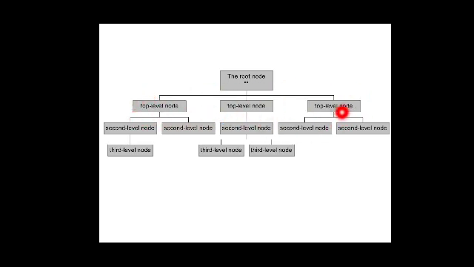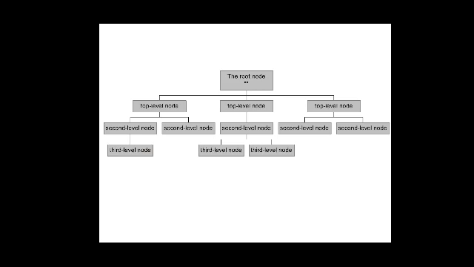Below the top level nodes you have secondary level nodes, and you can have many levels, around 127. Within a root node you will have one top level node, and after that you will have secondary level nodes, and you can have many of them.